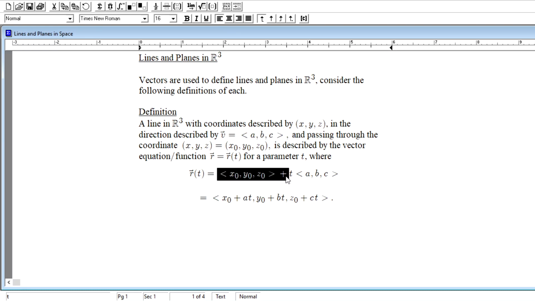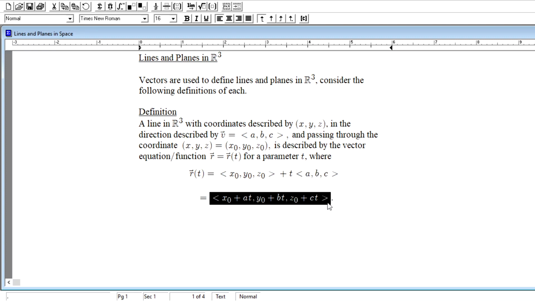And if we expand the summation of these two vectors, where the second term is really a scalar product of the parameter t with the vector <a, b, c>, we end up with this vector description in three-dimensional space given by x null plus at, y null plus bt, and z null plus ct.